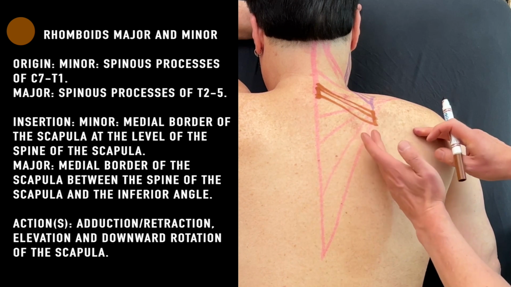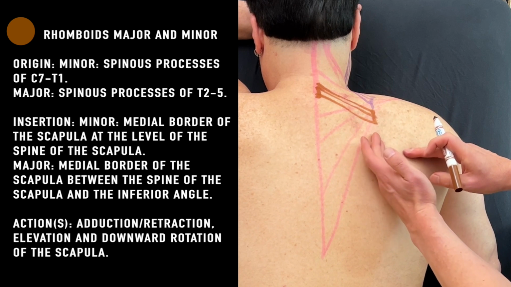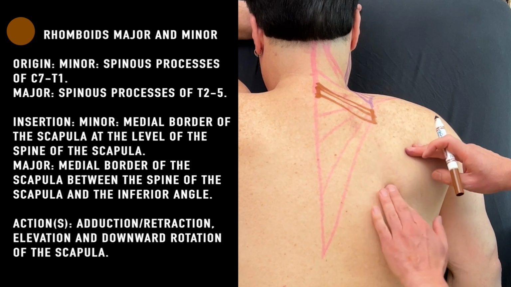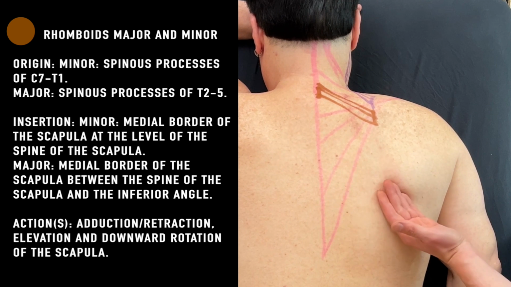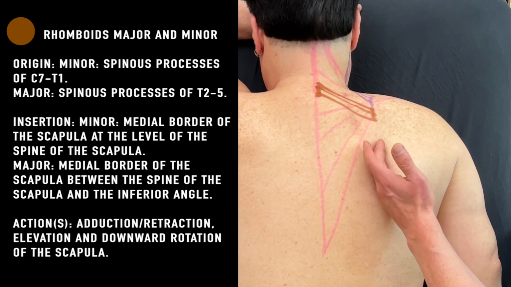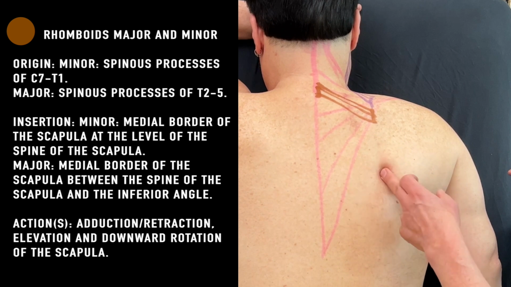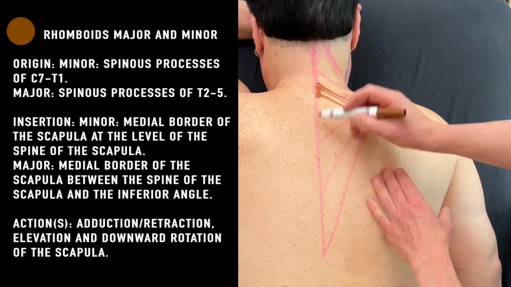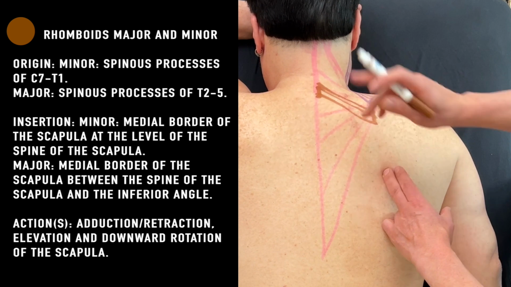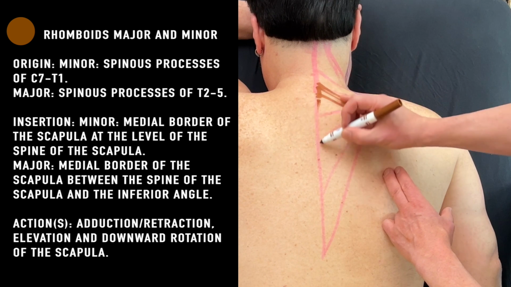The rhomboid major is just below it, but about twice the height of it. You can kind of feel the edge, like there's a distinct angle of the bottom of the scapula right here, and the medial border becomes a little less defined right around there. That's because you have rhomboid there now. Because the origin is going to be from the spinous processes of T2 through T5.